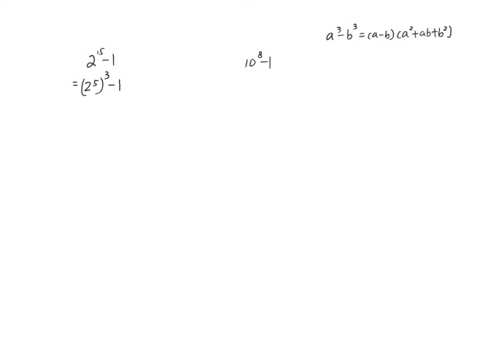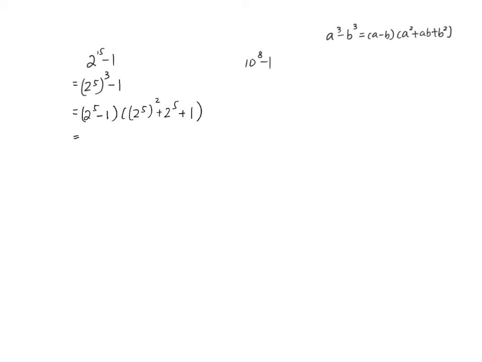And according to this identity, it's going to be 2 to the 5th minus 1 times 2 to the 5th squared plus 2 to the 5th times 1 plus 1 squared, right?